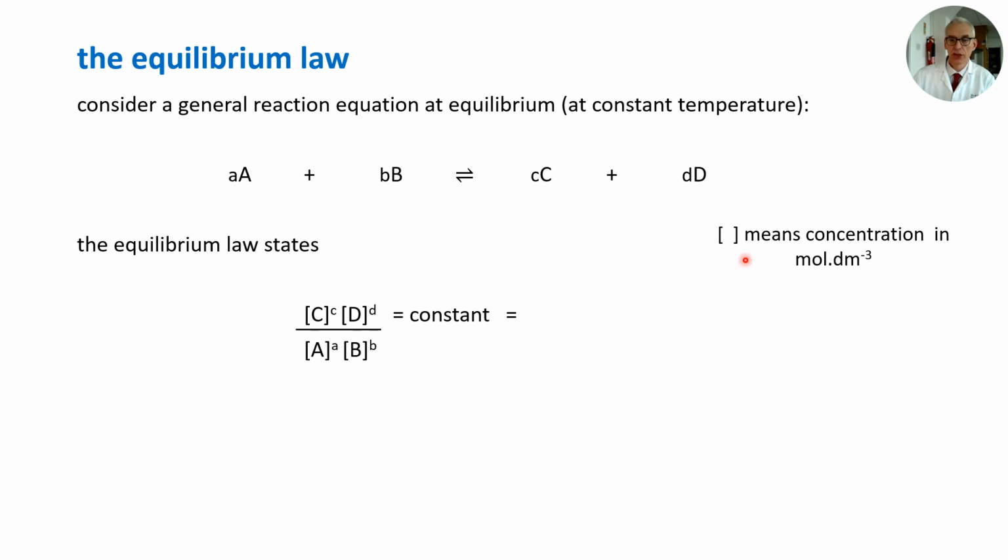Just to remind you, the square bracket is the symbol for concentration in terms of moles per decimeter cubed. That constant is called Kc, the equilibrium constant.